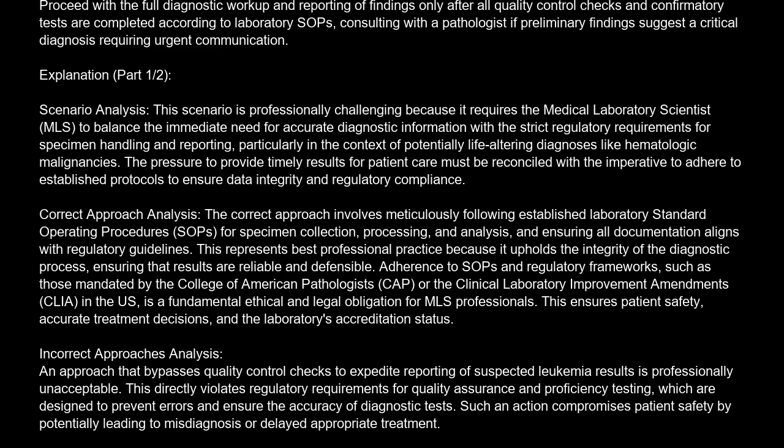Incorrect approaches analysis. An approach that bypasses quality control checks to expedite reporting of suspected leukemia results is professionally unacceptable. This directly violates regulatory requirements for quality assurance and proficiency testing, which are designed to prevent errors and ensure the accuracy of diagnostic tests. Such an action compromises patient safety by potentially leading to misdiagnosis or delayed appropriate treatment.